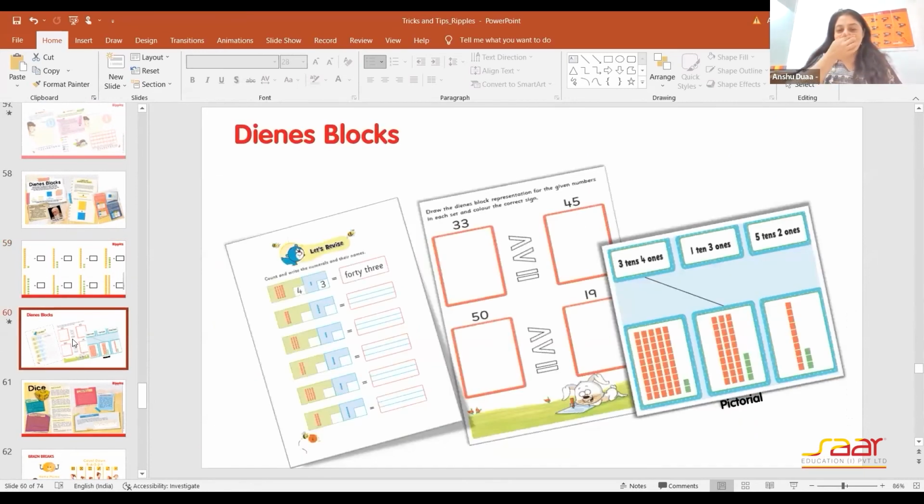And here the children will be able to do this. If I have to do 33 and 45, which is more? So I can easily do it with my tens block. एक तरफ 33 लगाया, एक तरफ 45 लगाया. Very clearly, I'll be able to understand which is more, which is less.